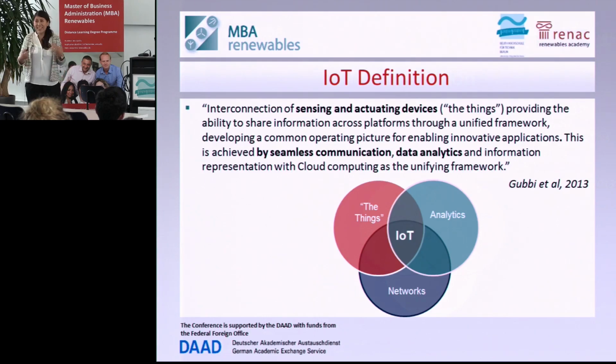Data is meaningless if we don't use it. It's like taking a bunch of pictures, storing them in your computer, and never seeing them again. So what we do with analytics is to use that information.